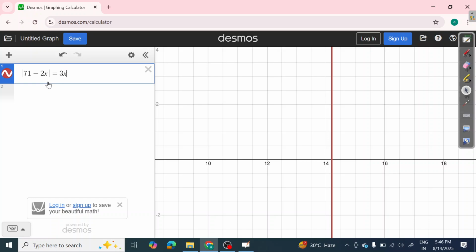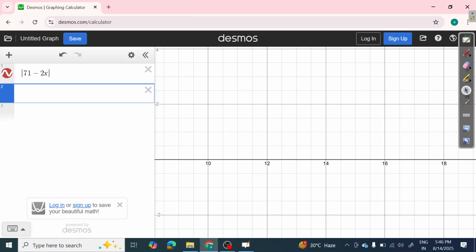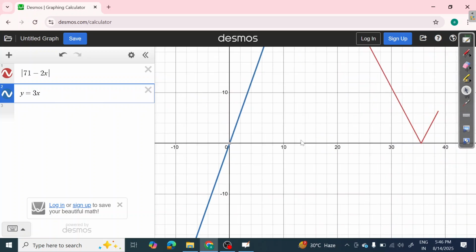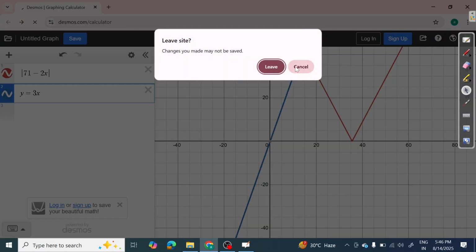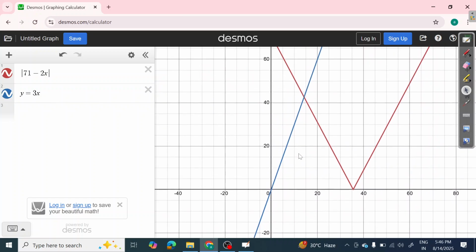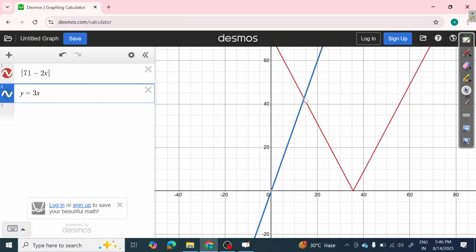Write the left hand side as one function and write right hand side as a second function. You can write f of x equals to 3x or you can simply write y equals to 3x. Both mean the same. Now you will get this kind of intersection. Now the point where they are intersecting, it is clickable and you can easily read it out.